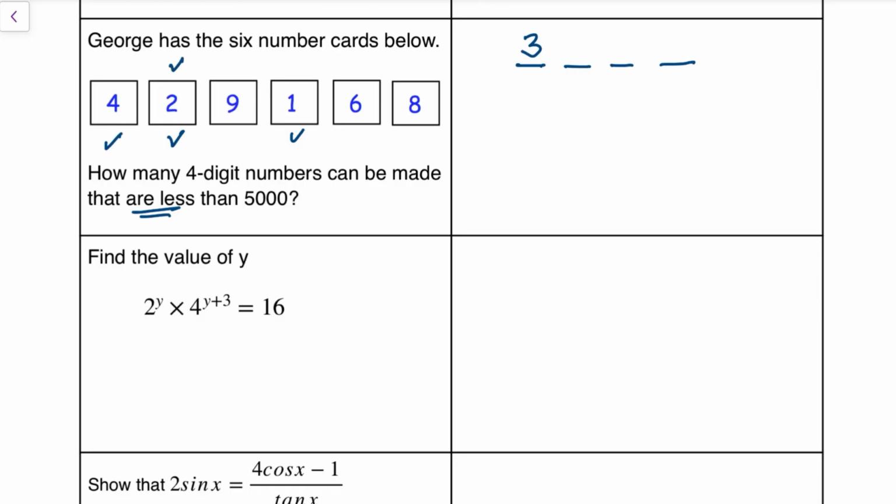Once I've chosen one, there are 5 numbers left. So it can be any one of 5 numbers, any one of 4 numbers, any one of 3 numbers. Multiply these together and you get 3 times 5 times 4 times 3, or 180. Actually, that wasn't as bad as I thought it was going to be. I thought it was going to be an odd number or something different, which means you have to do 2 different sets of values. Either way, question done.